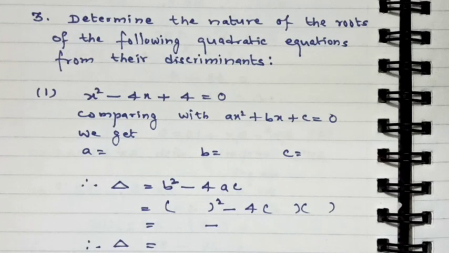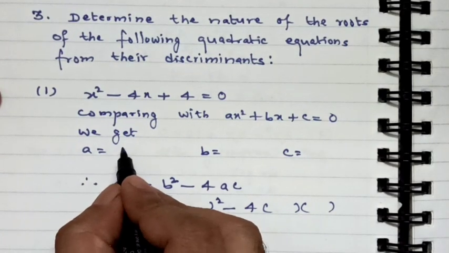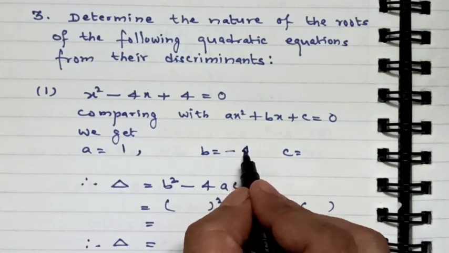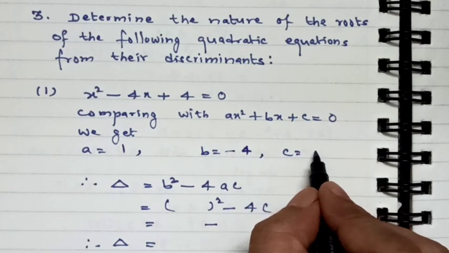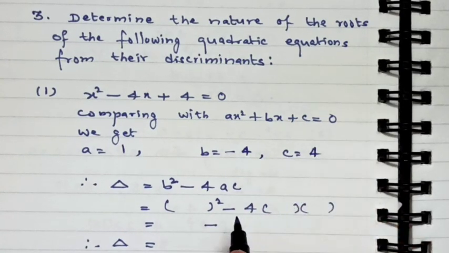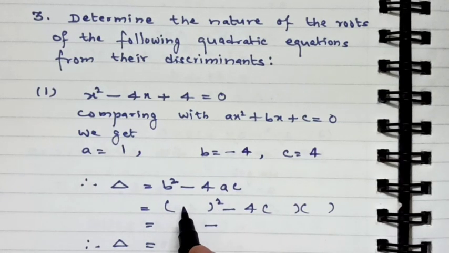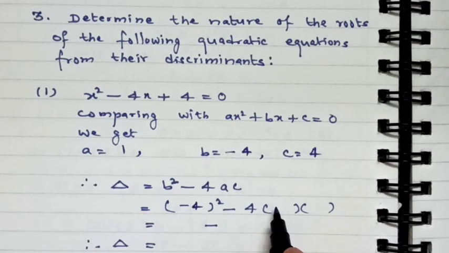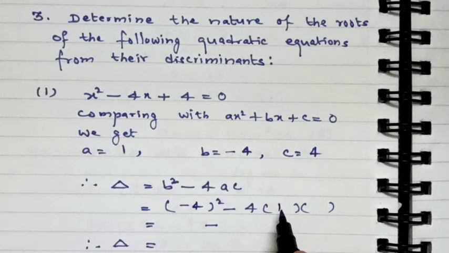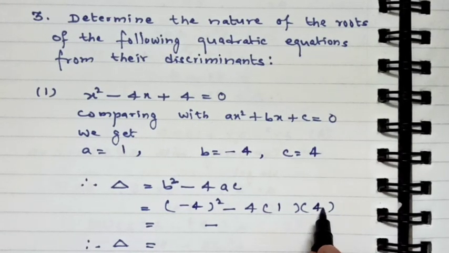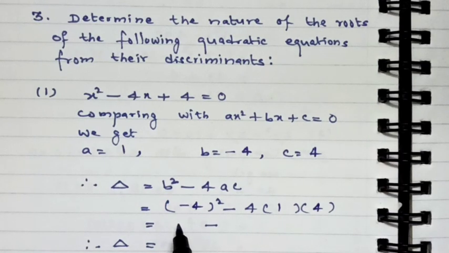We'll go fast. What is your A? A is 1, B is minus 4, and C is 4. Put the value. B is minus 4, so minus 4 square. A is 1 and C is 4. So B square is 16.